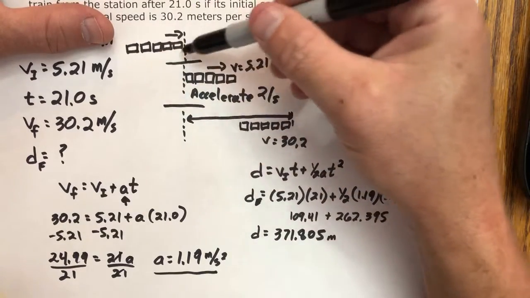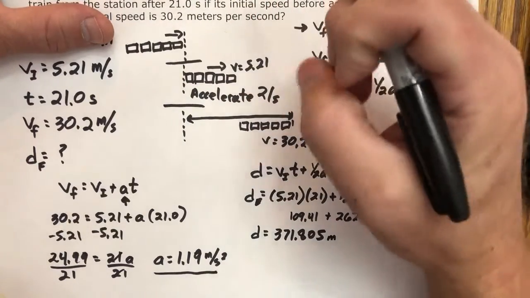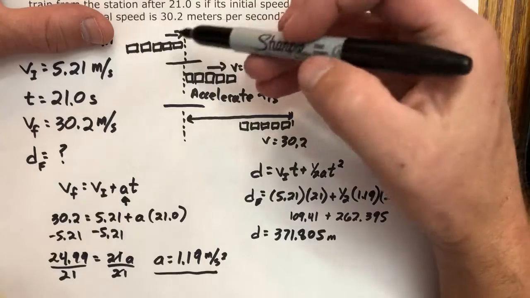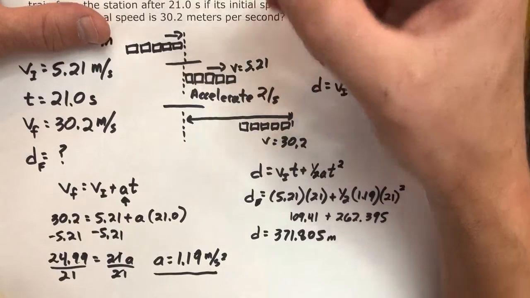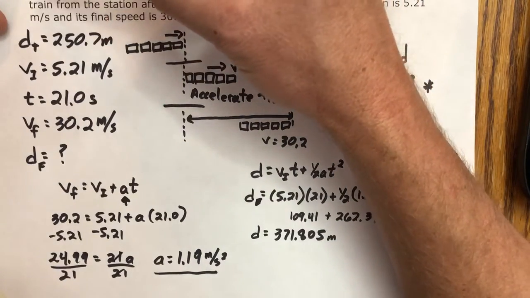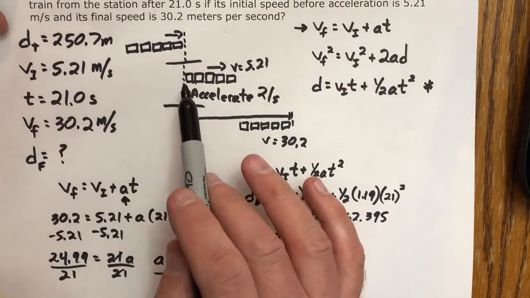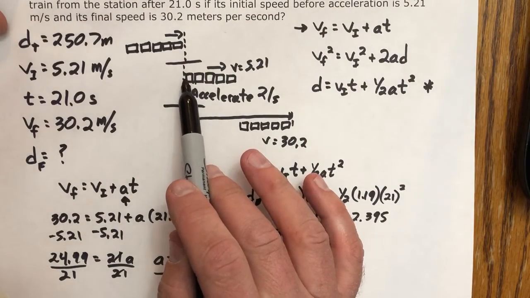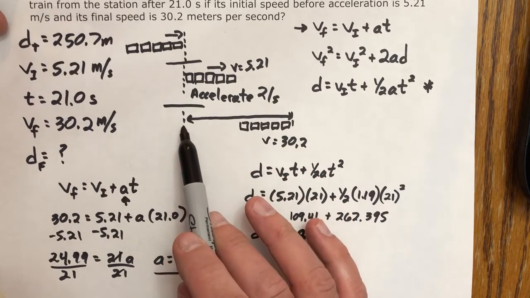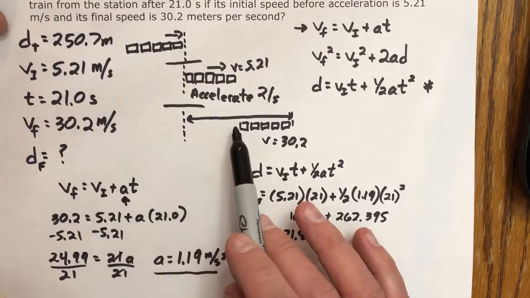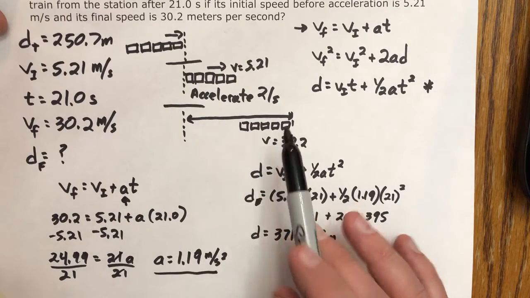If we were to assume the train was just a dot, just like one little dot. But that's not the case. Because if you go back to the question, it says the train is 250.7 meters long, and the acceleration starts when the last car passes the end of the station, and they want the measurement not from the last car, but from the front.